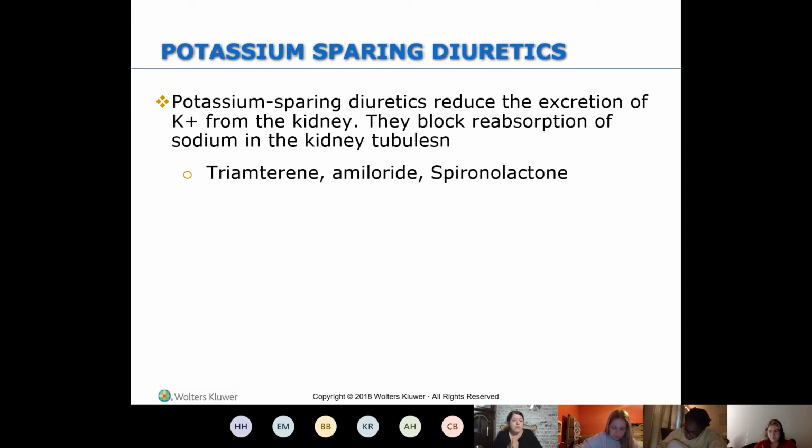And it's right on the borderline, and we say, oh no, we want to hold their potassium sparing diuretic because we don't want their potassium to drop. That would be a poor nursing judgment on your part, because potassium sparing diuretics save that potassium. They don't excrete it. Does that make sense to everyone?